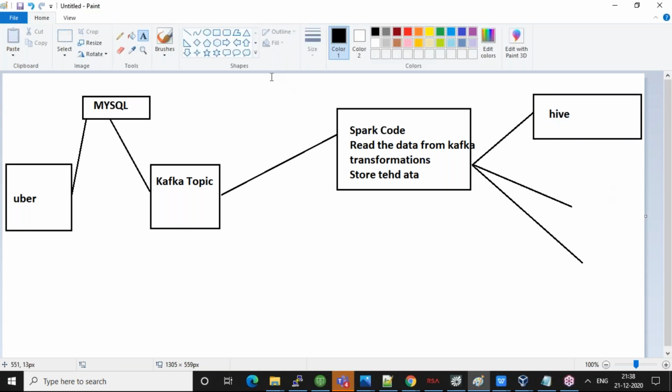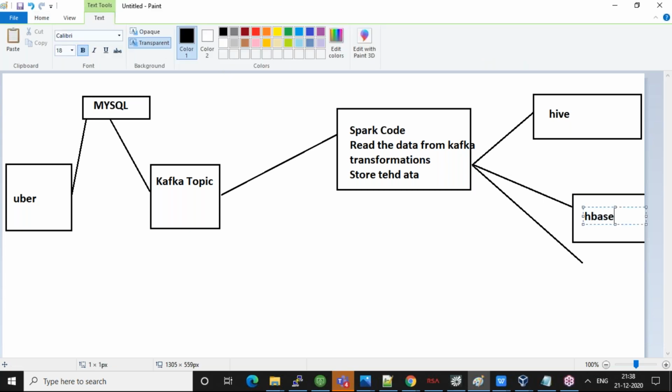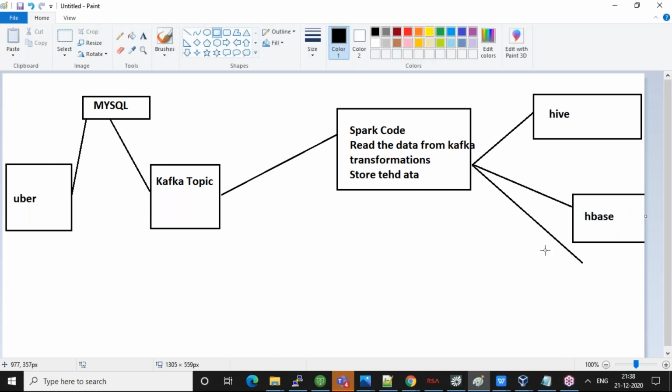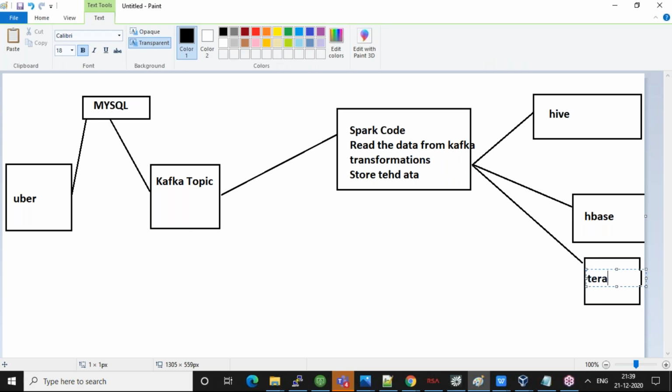The second is you can store this data into HBase tables. Or you can place this data into an RDBMS, maybe Teradata. Clear, Venkat? So this is the way.